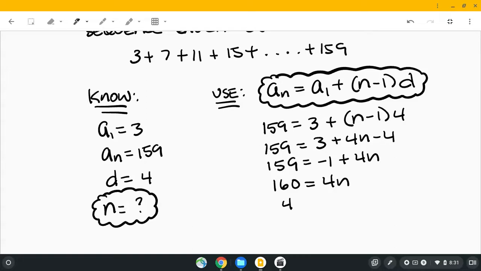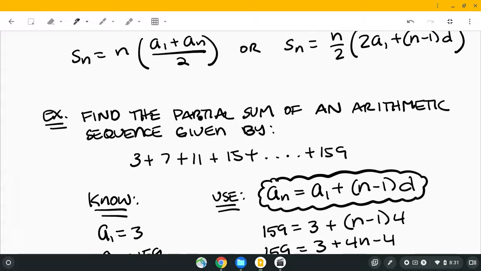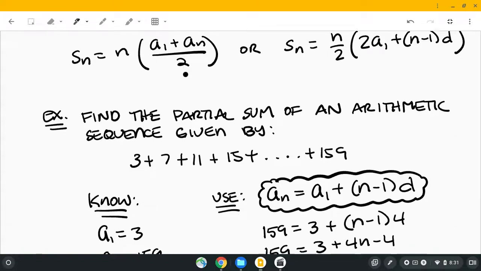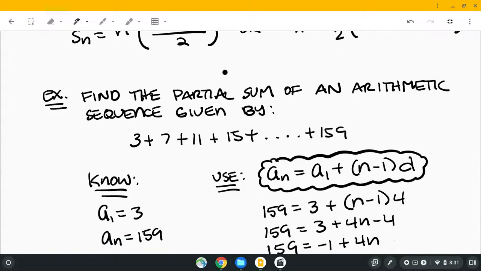So here I get n equals 40. Okay, so perfect. That's what we needed. So that was the missing piece. So now I can use my formula. I'm going to use this one. I feel like this has less to memorize.